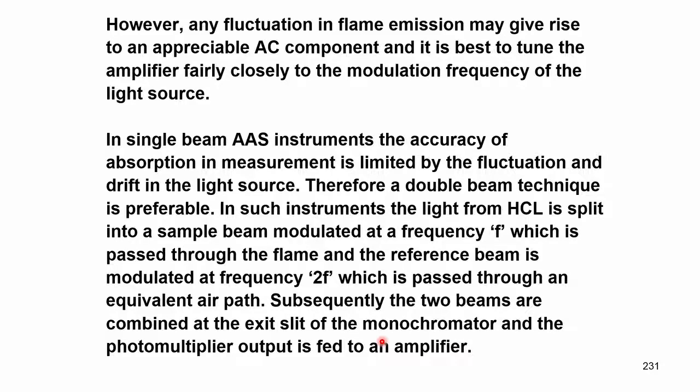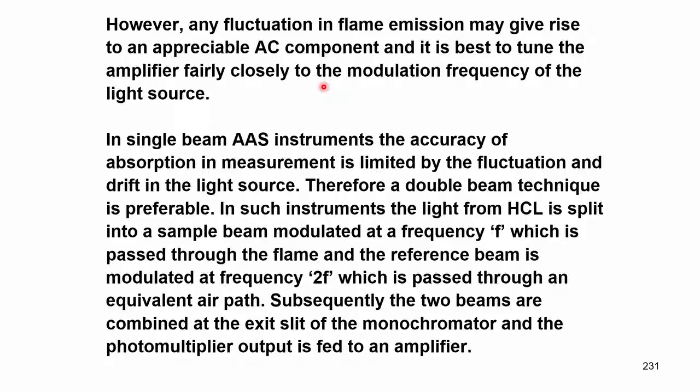So, we are discussing the signal quality now. In the signal quality, we do not want any fluctuation in the quality of the radiation coming from the hollow cathode lamp through the flame. If the flame itself is fluctuating, then it may give rise to appreciable AC component. So, it is best to tune the amplifier fairly closely to the modulation frequency. The moment it changes here, it automatically reflects in the light source.